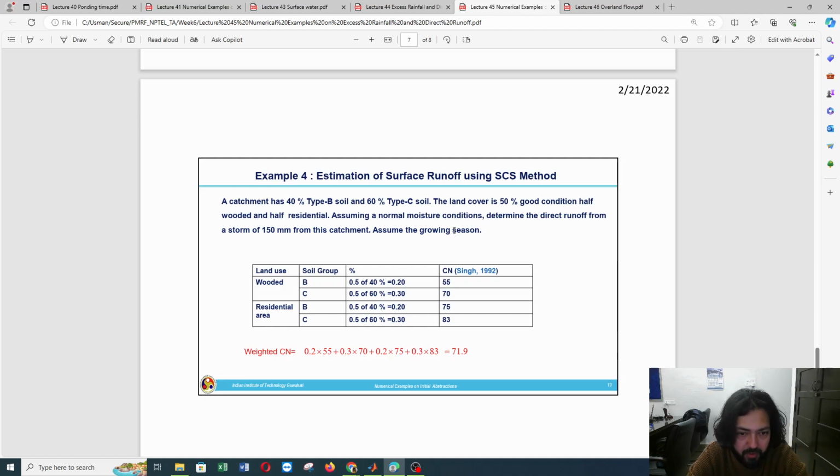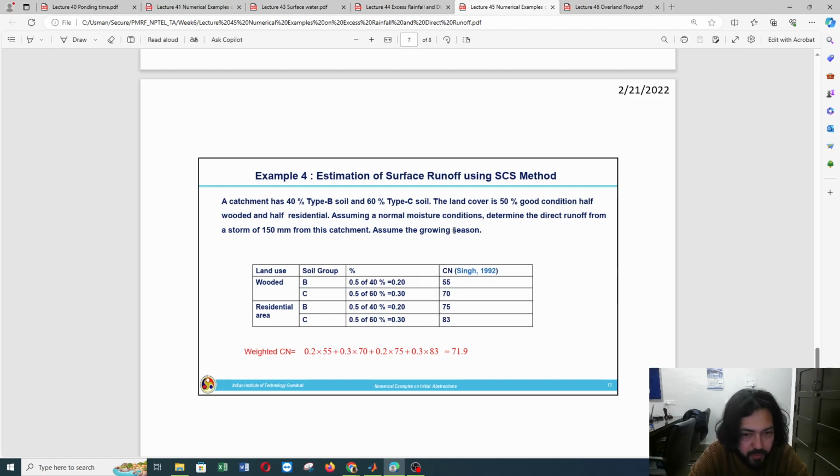In order to calculate the weighted CN, we should get the value of the individual CN first. For wooded land use with group B soil, the CN number is 55. And for wooded land use with group C soil, the CN number is 70. The values of CN are standard.